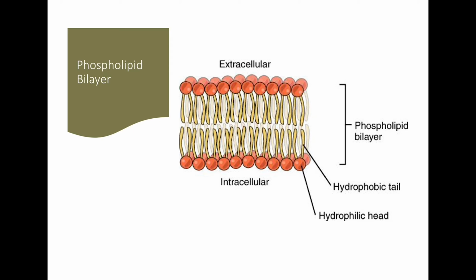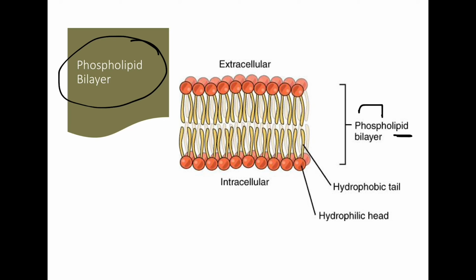When it comes to function, the first thing you must remember regarding the cell membrane or the plasma membrane is that they're composed of a phospholipid bilayer. That is first and foremost. Phospho refers to phosphate, which is an element.